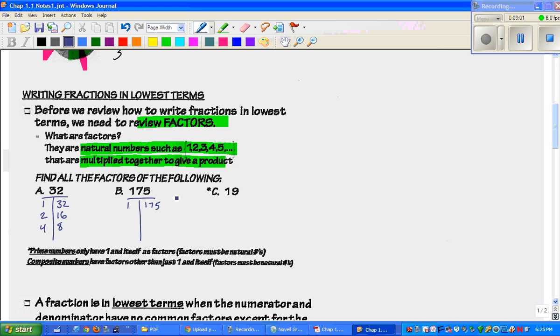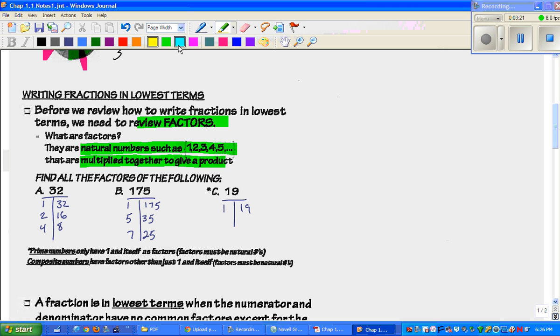Okay? It's always 1 and the number. And then you kind of need to look through to figure out what other numbers multiply to get that number. And the last one, 19, is only 1 and 19.